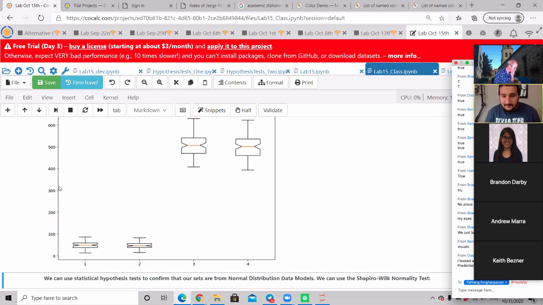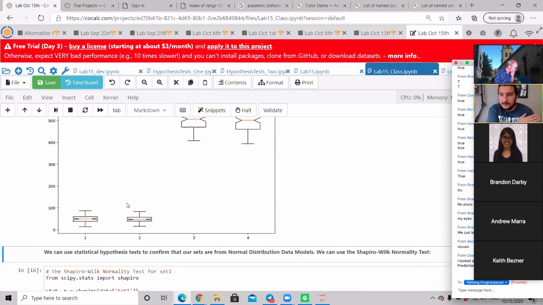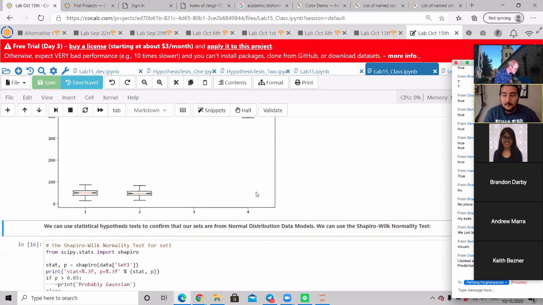So based on what you learned during the lecture today about hypothesis testing, we are going to use statistical hypothesis tests to numerically and in a more formal and standard way decide whether these assertions that I made are actually accepted or rejected.